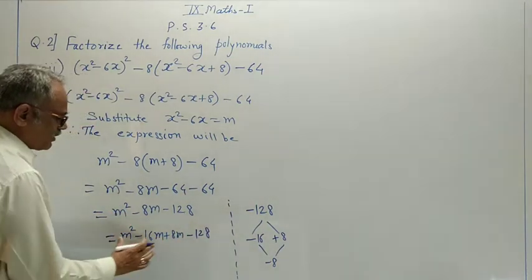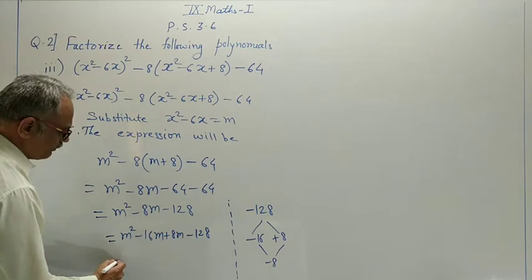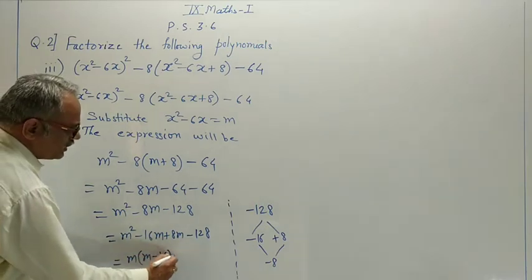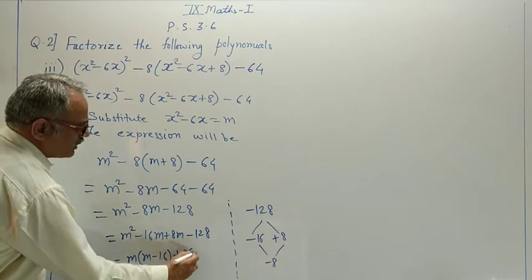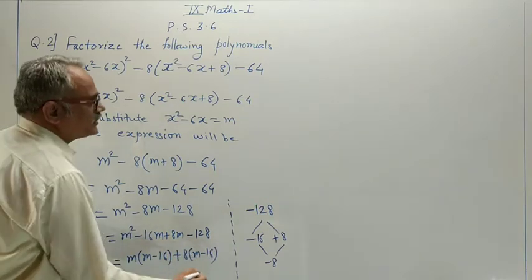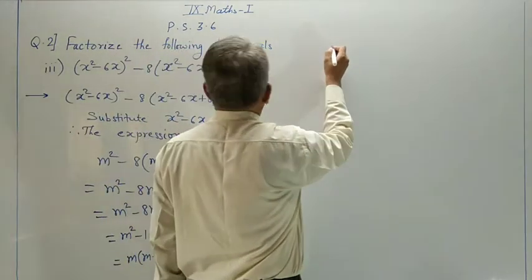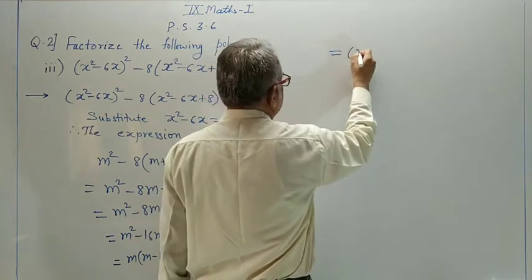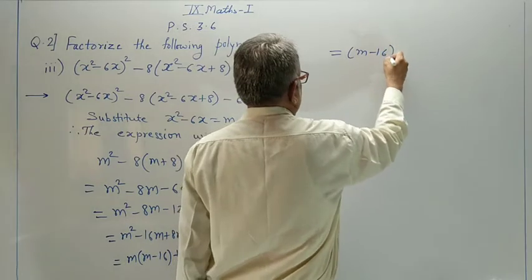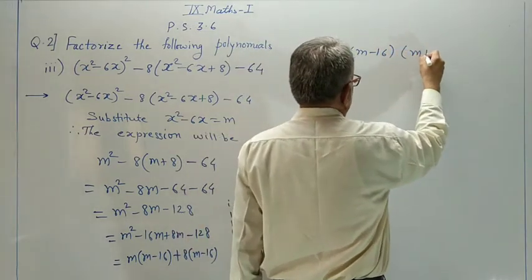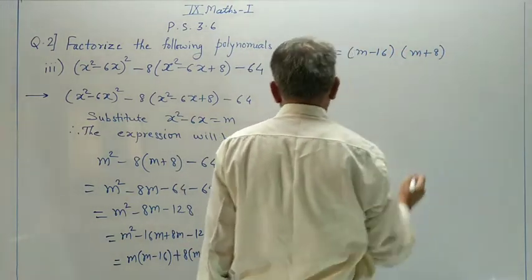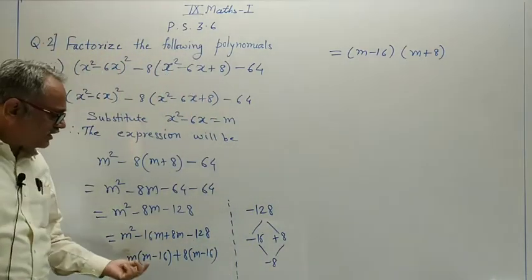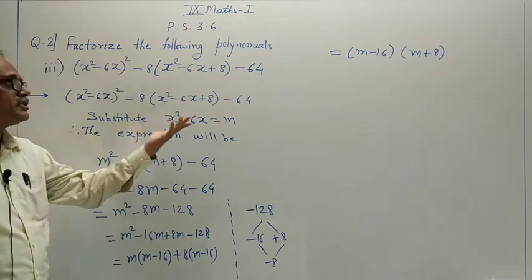Then take out common from the first two and the next two terms. m common, m − 16, plus 8 common, m − 16. That is equal to the common bracket (m − 16) and another factor (m + 8). We got the factors, but the question was in x and the answer is in m, due to substitution.